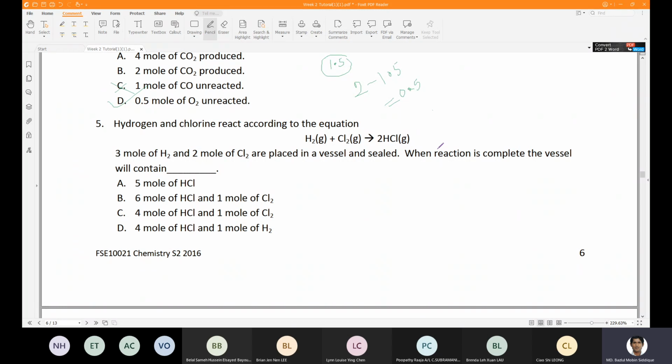When the reaction is complete, the vessel will contain, again, we have to see which one is the limiting reactant, because there are 2 reactants here. One is hydrogen, another one is chlorine gas. We have 3 moles of hydrogen and 2 moles of chlorine. So which one is the limiting reactant? How do we find out?